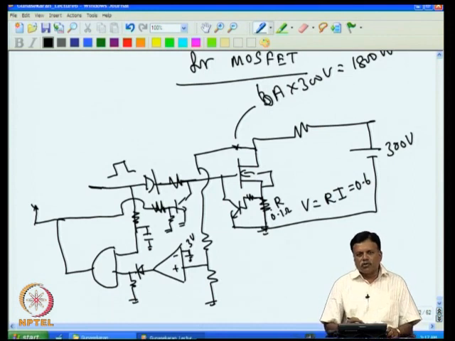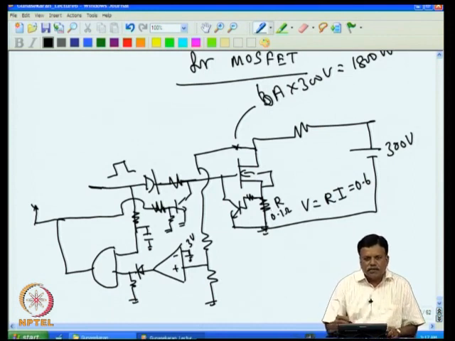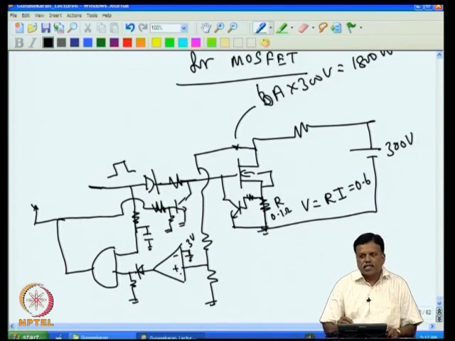So you can think over this issue and see what best can be done, or even this circuit can be modified such that automatic recovery is also possible. This I leave to you as an exercise. So this way the MOSFET can be protected.